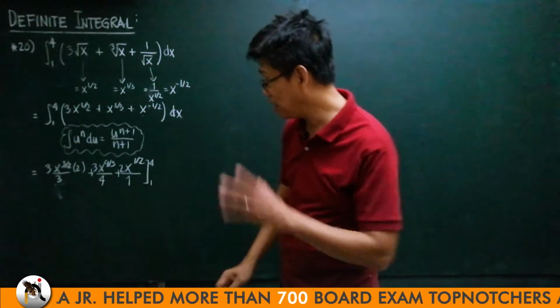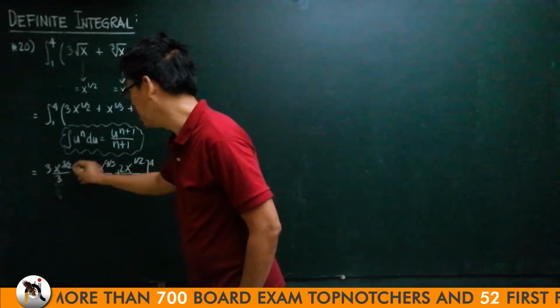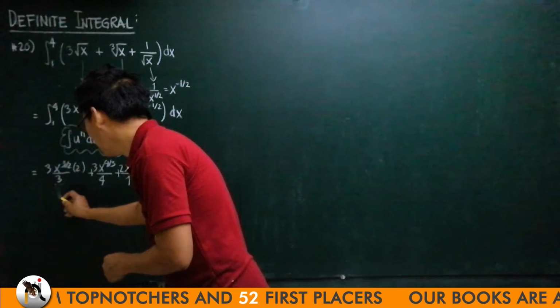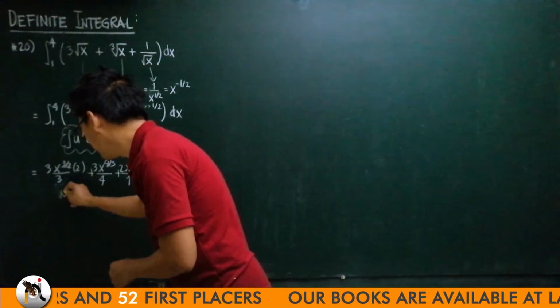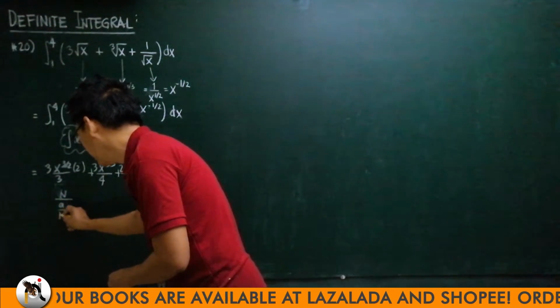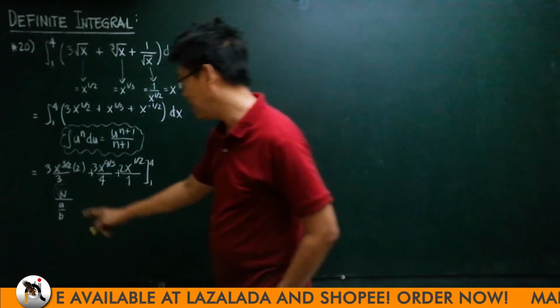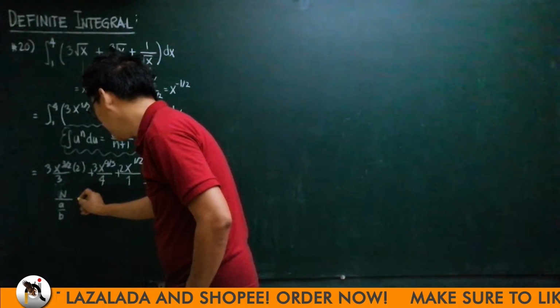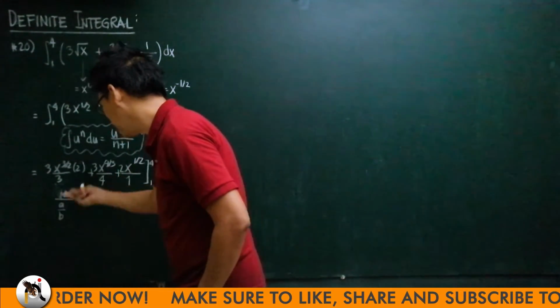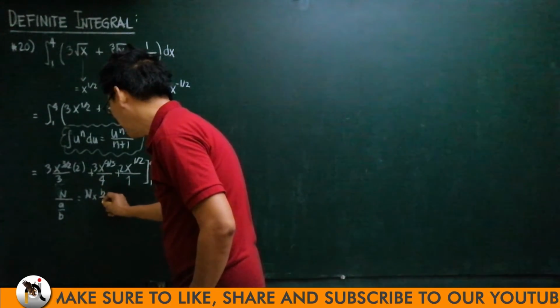Okay? Let me repeat again. Why do I write the denominator to the numerator? It is because of this. When you divide a certain number by a fraction, let us say a over b, n divided by a over b is the same as n times, you reverse this, b over a.